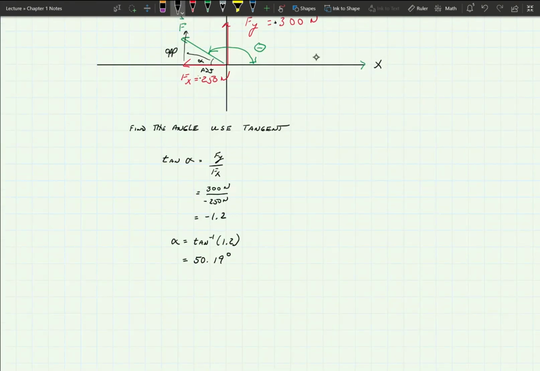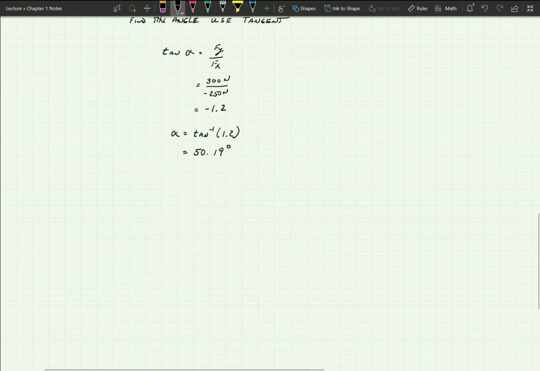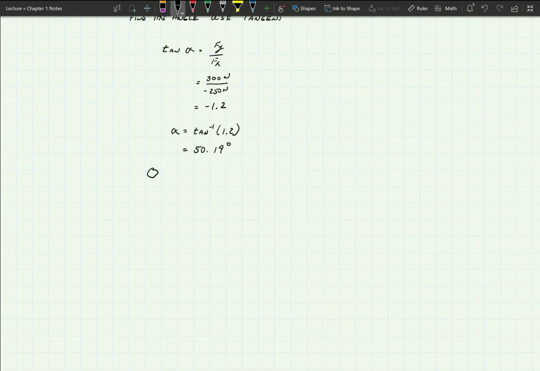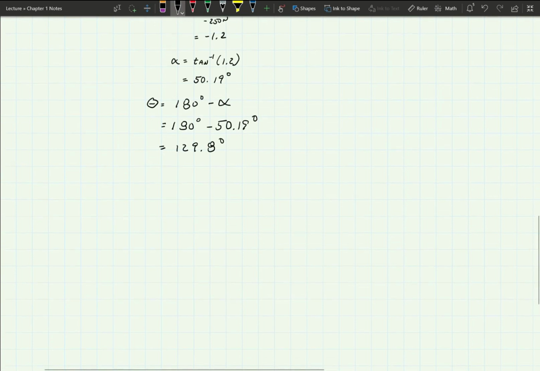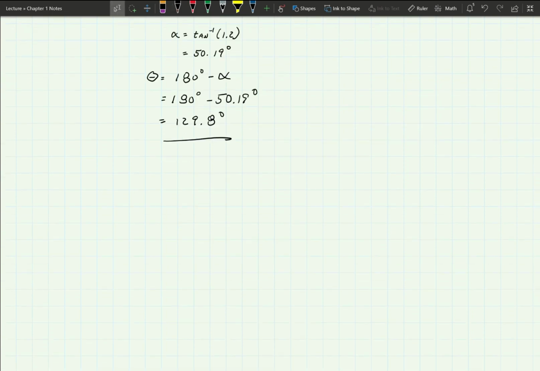Remember, we want to define it from the x-axis as the positive counterclockwise direction from the 0 x-axis. All right. So in order to find that, theta is equal to 180 degrees minus alpha, or 180 degrees minus 50.19 degrees, and that will be equal to 129.8 degrees. Okay, so that's an answer. And I should point out, as long as we're going along the way here, when you come to an answer, underscore it.